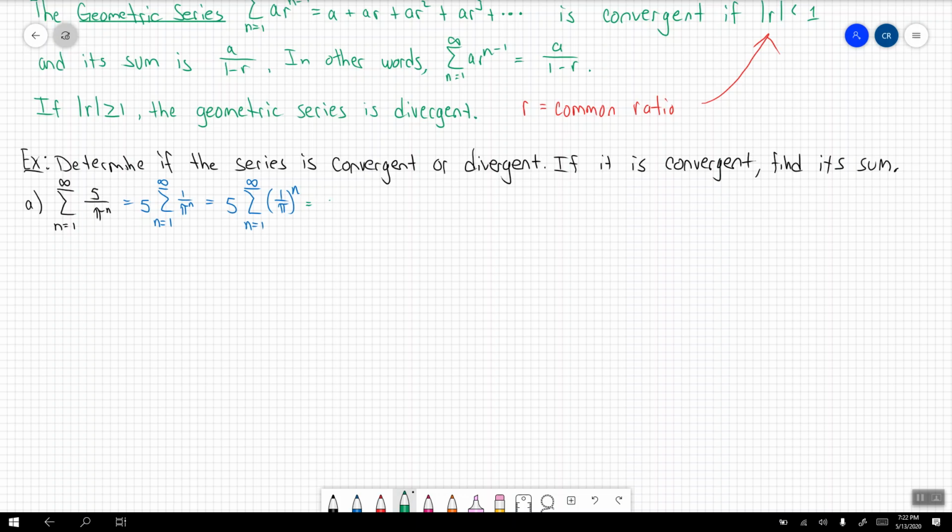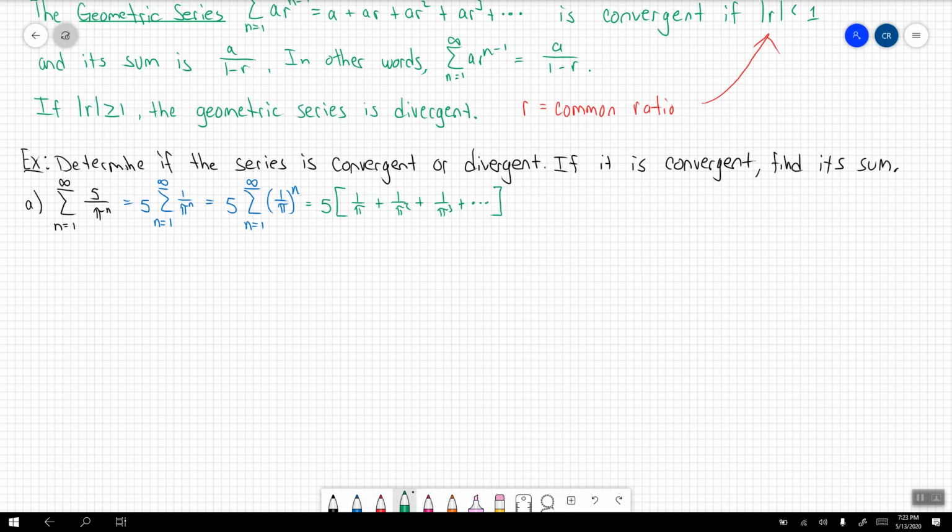If we expand, we have 5 multiplying the first term where n is equal to 1, which is 1 over pi, plus the second term, n equal to 2, which is 1 over pi squared. And we can keep on generating this series, plus, and we could keep going.